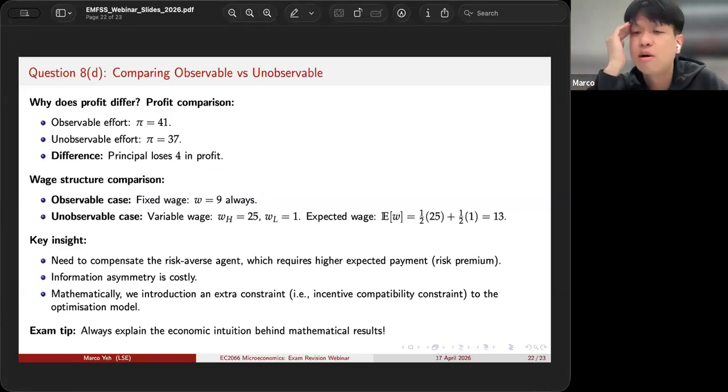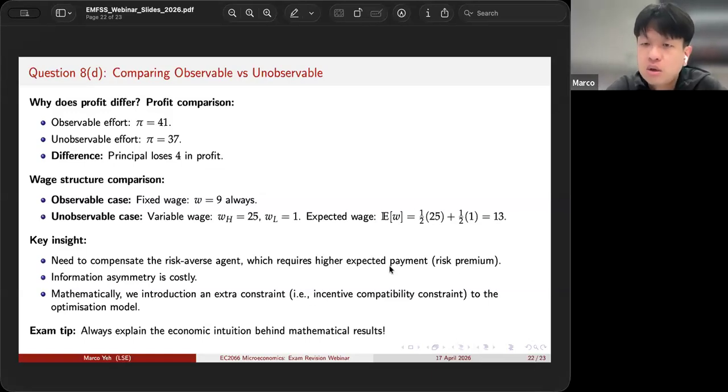Fixed proportion, what do we mean by that? Well, you are talking about other models, not the model that we are talking about today. In our model today, there's no assumption for the principal to share a bonus with the agent.